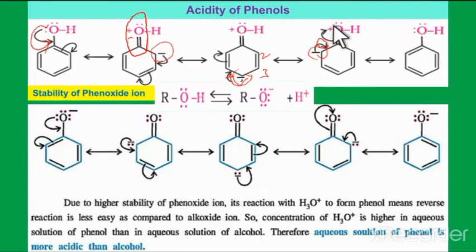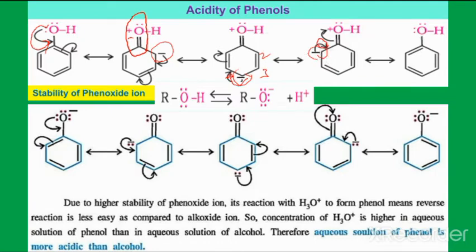So the negative charge of the sixth carbon is converted into a double bond, and the positive charge present on the oxygen is removed by taking the double bond towards the oxygen. So a lone pair is obtained on this oxygen.